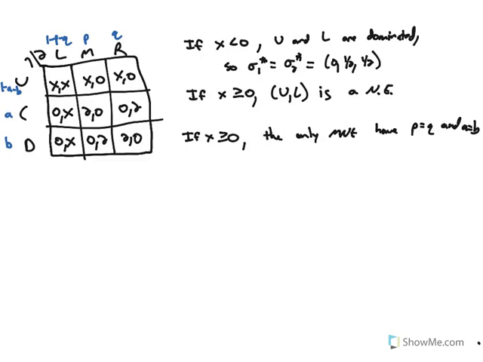But if player 2 is playing R and not M, player 2 is not going to be mixing between C and D. She's going to want to play D. So the only way we're going to have mixtures up there is if p equals q and a equals b. And that's an insight from this game.